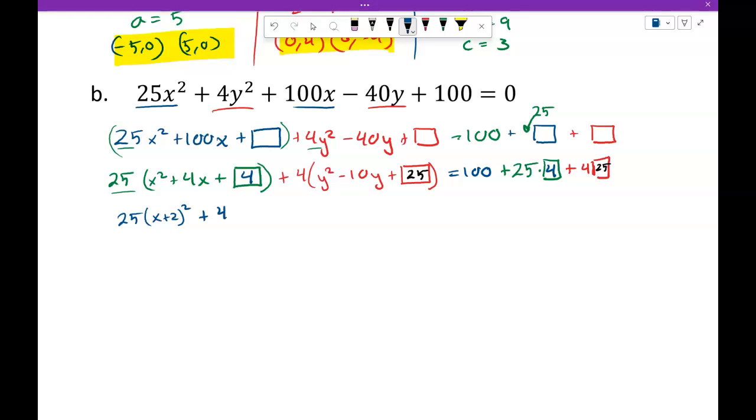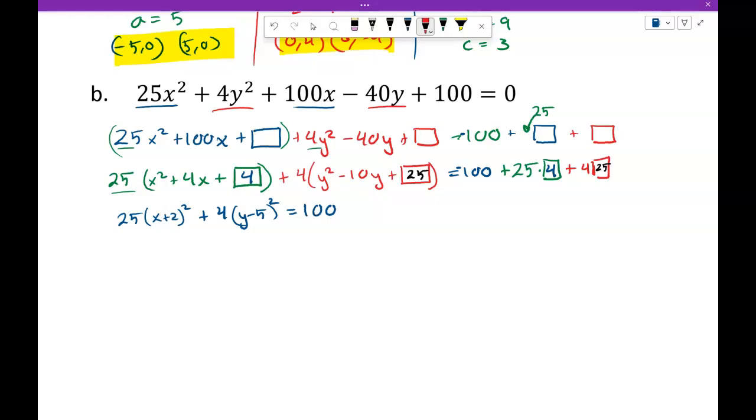And then we have 4 times (y minus 5) squared equals, and we go ahead and simplify all the right side. I forgot to make this a negative 100, which would have been a bad mistake. We go ahead and simplify the right side. Negative 100 plus 100 plus 100 equals 100. Now that was a nice little coincidence. It doesn't always happen like that, but it just worked out that we end up with a nice little perfect square.